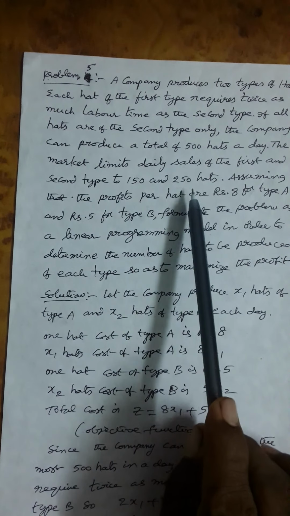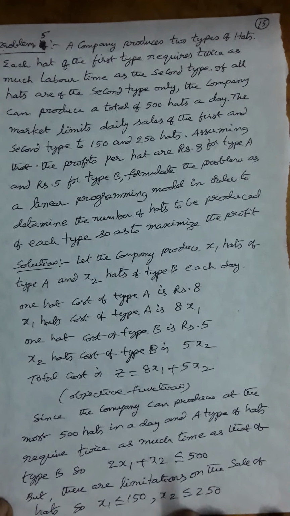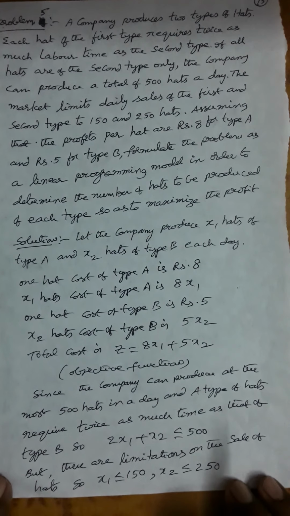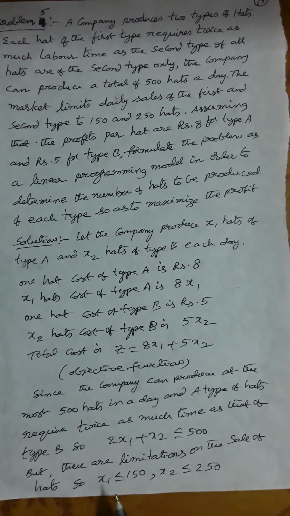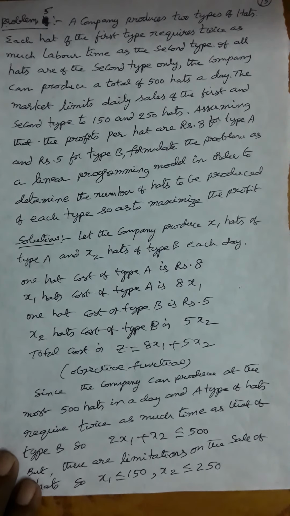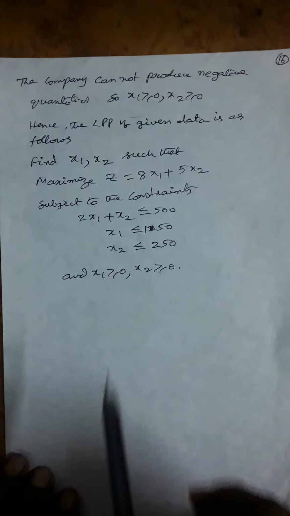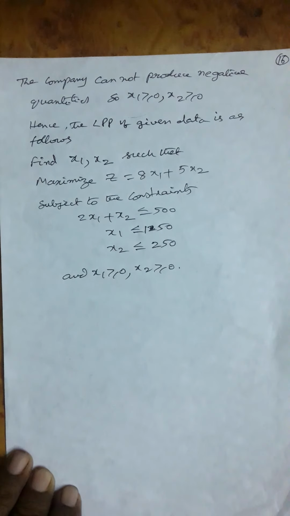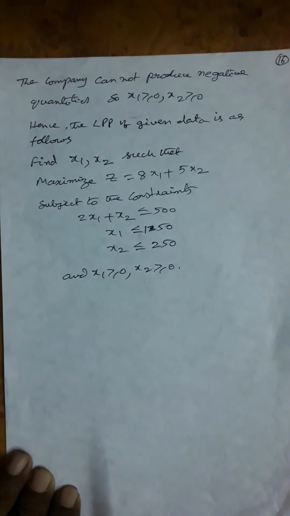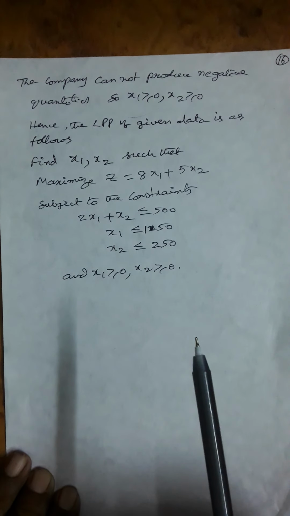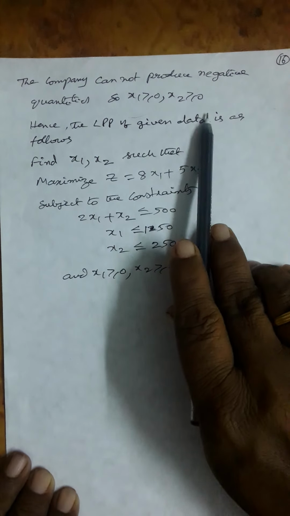First one is 150, second one is 250. So x1 less than or equal to 150, comma, x2 less than or equal to 250. The company cannot produce negative quantities, so the number of hats is non-negative: x1 greater than or equal to 0, x2 greater than or equal to 0.